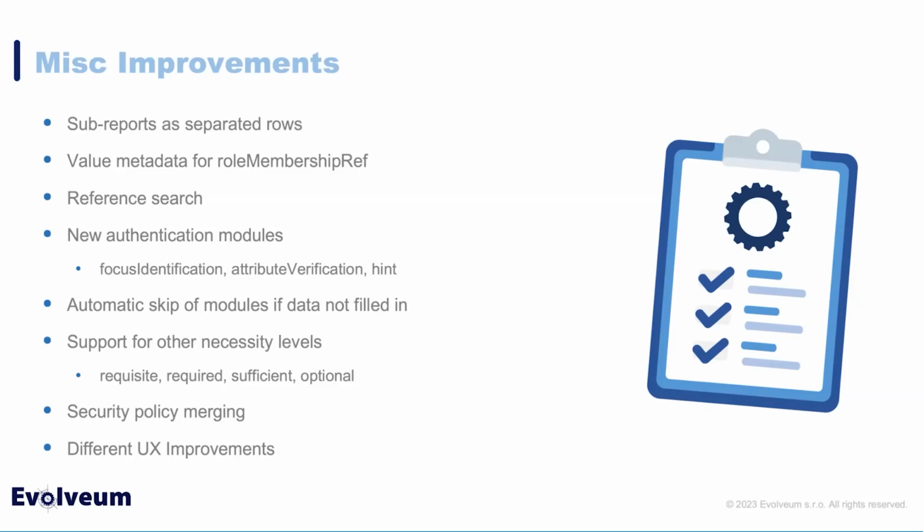It is influenced by the fact that in the time when we need to show or hide password reset link, we don't know much about the user. This link is present on the login page. But after user fills first information about themselves, for example, focus identification module is used, we know exactly who the user is. Therefore, after such identification, we can find and merge all the security policies applicable for the user.